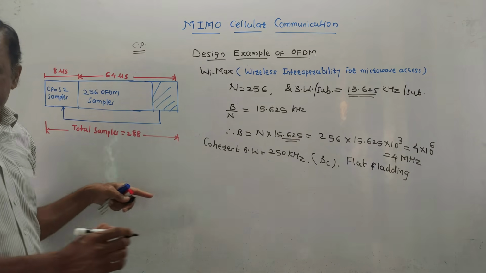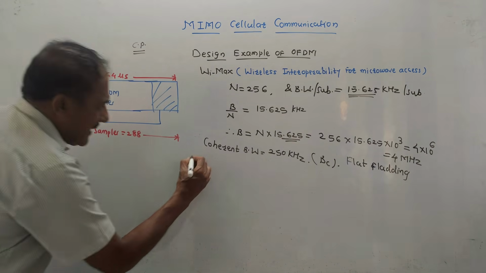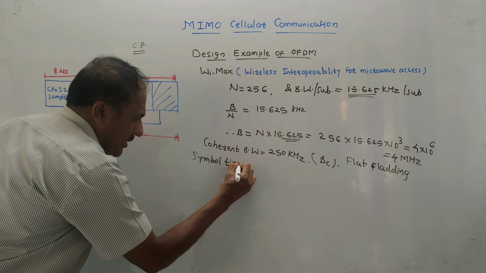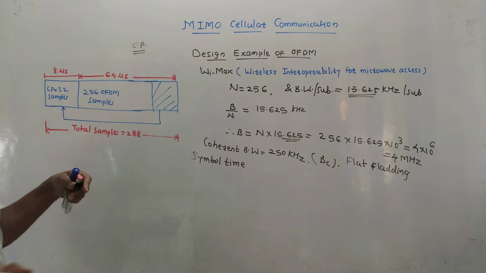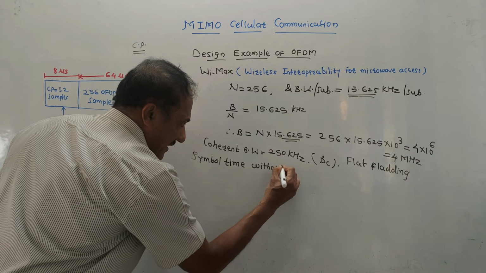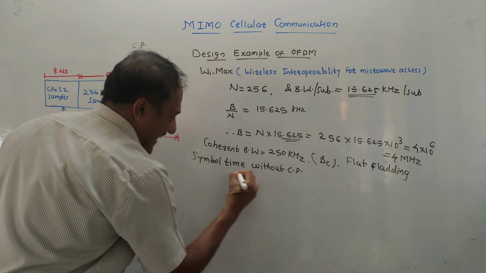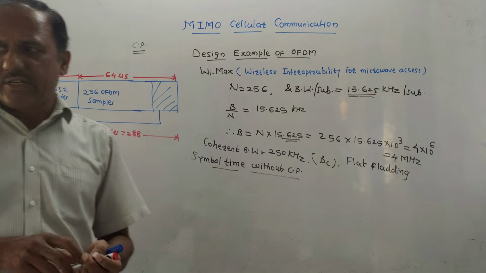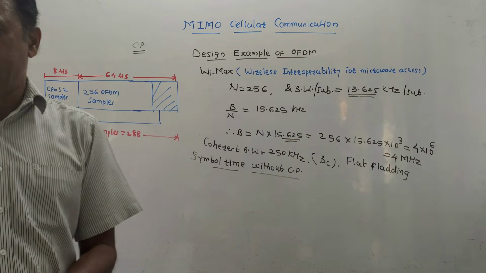So let us discuss the symbol time, that means how much time will be required to transmit the symbol if we are not using CP, that is, without a cyclic prefix. As I said, the cyclic prefix is some kind of coding used for transmitting the data.